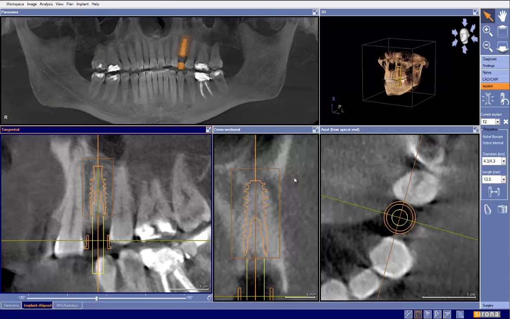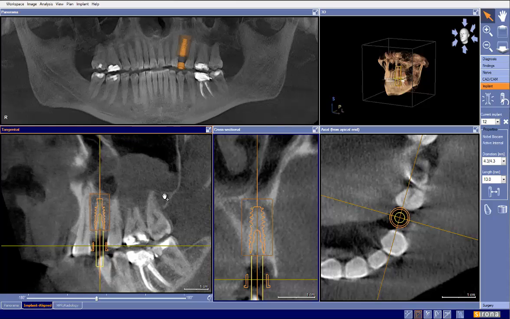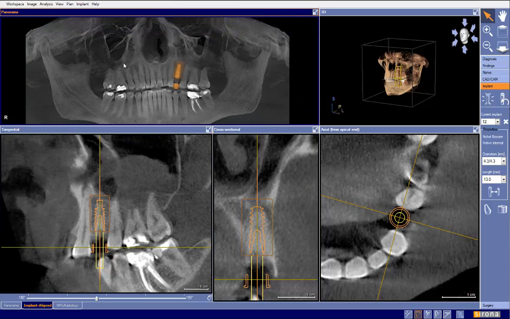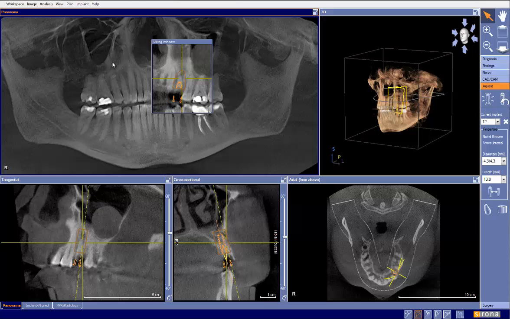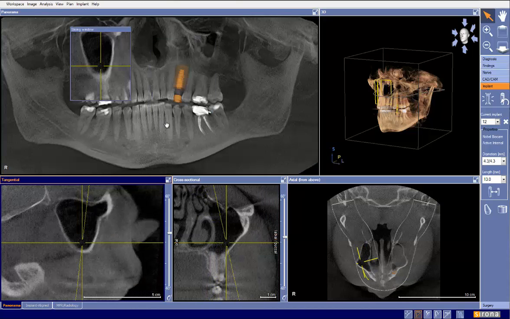Now in going to a longer implant, we bring the sinus into play. It may require a little bit of a sinus bump. It just kind of depends on the situation. I think the sinus is compromised in the fact that they have something going on there. But if we take a look at the opposite side, the patient has a pretty clear sinus on this side.